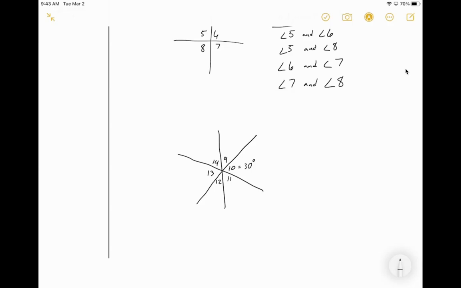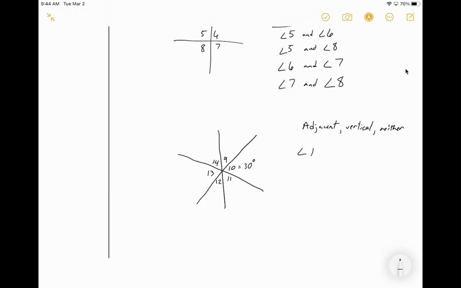So let's start with angle 9. Okay, so I want to know, is it adjacent, vertical, or neither? So adjacent, vertical, or neither. That's what you're gonna be able to look at this and say, is it adjacent, vertical, or neither? So let's start with just the one.